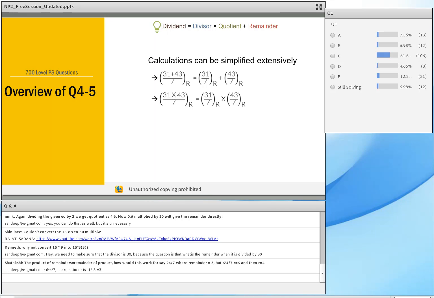The remainder of a sum is a sum of remainders. The remainder of a product is the product of individual remainders. Also, as we raise stuff to a power, we can bring the number in and raise the remainder to that power. The same principle also works, and that simplification is really important.